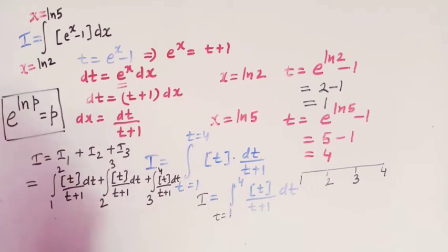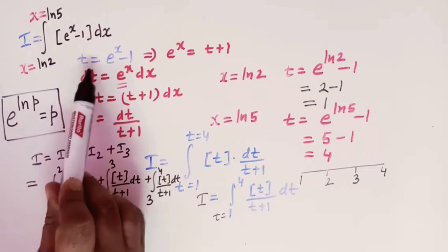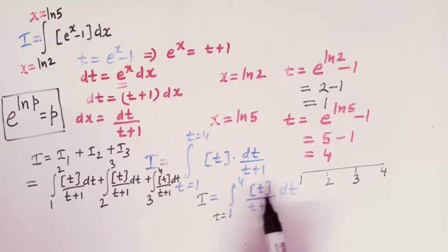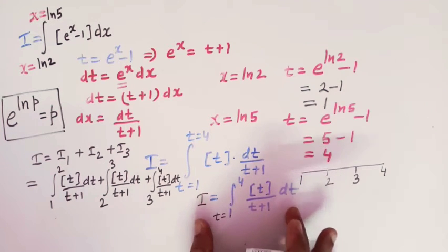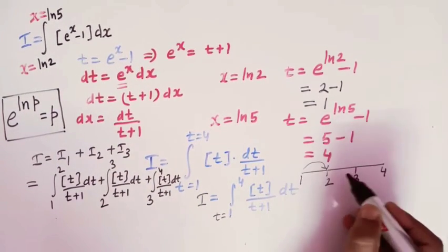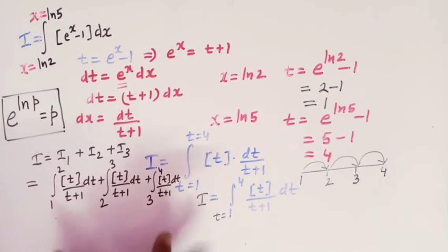So here what we have done so far, we have changed the variable x to t, and we have got this integral from t is equal to 1 to 4 greatest integer t over t plus 1 dt, and we have split this integral I into three integrals, first from 1 to 2, second from 2 to 3, and third from 3 to 4. Now we have to evaluate these three integrals.